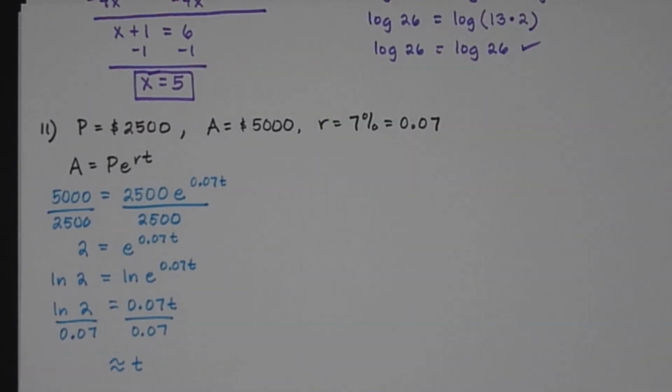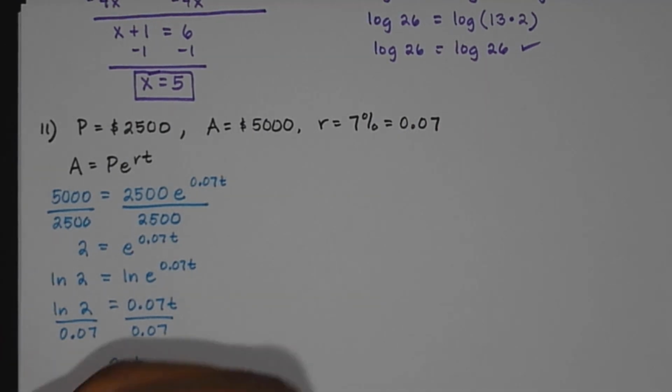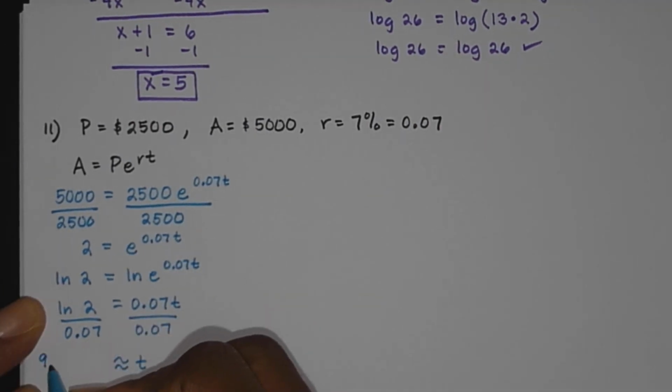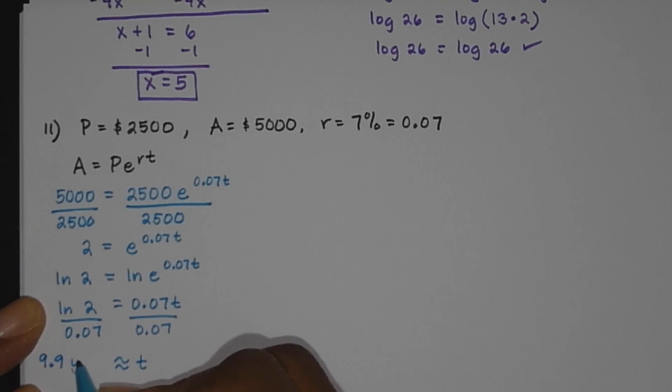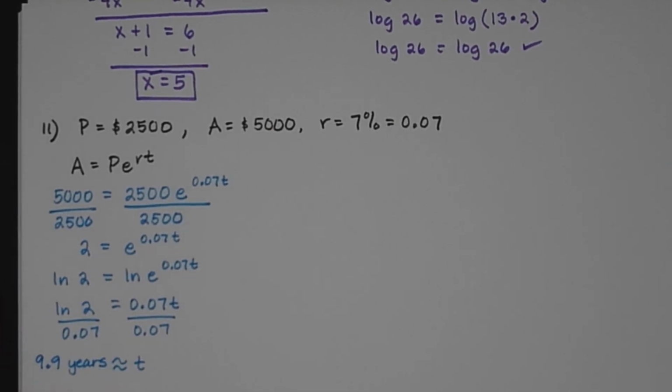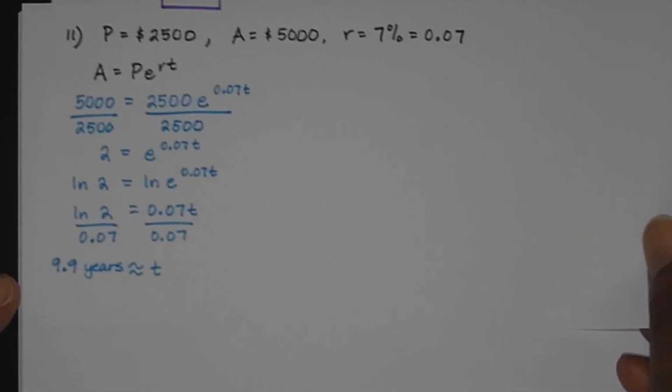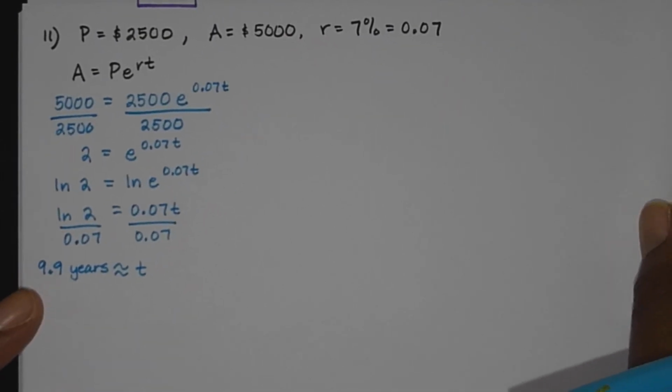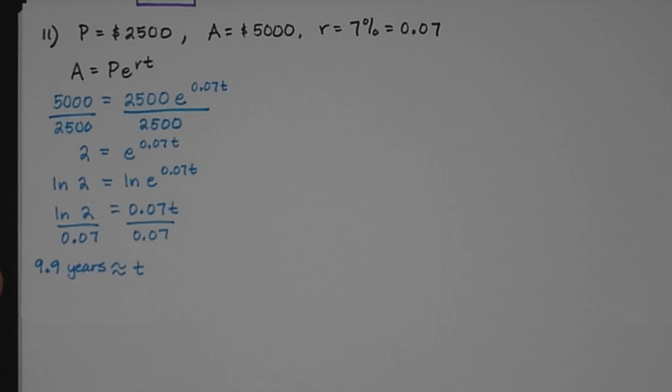So it's going to take approximately 9.9 years, because the time is in years, for a $2,500 investment to grow to $5,000 at a 7% interest rate compounded continuously.